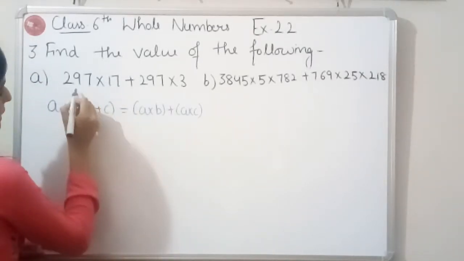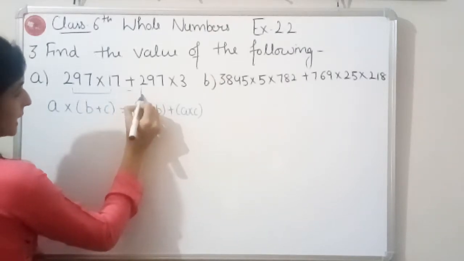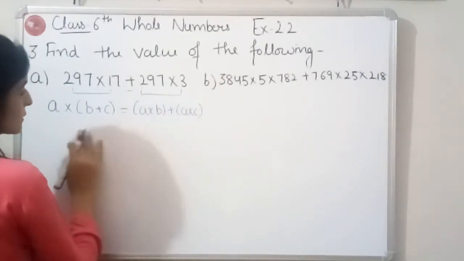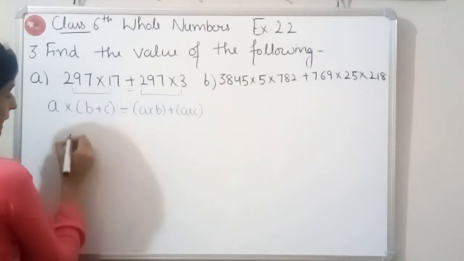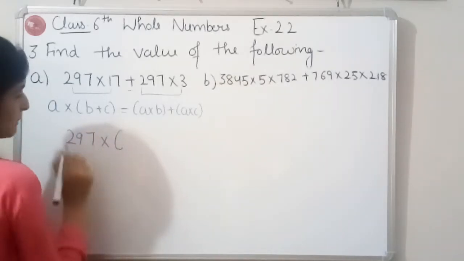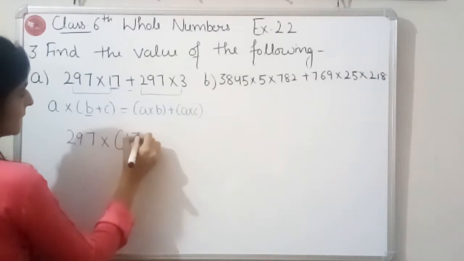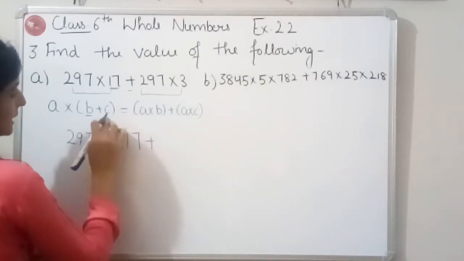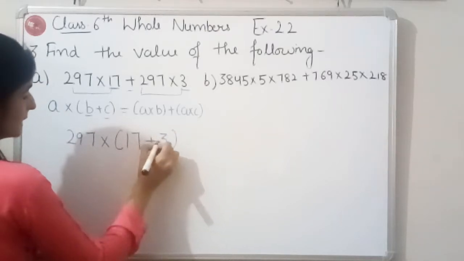So here we have been given A multiplied by B plus A multiplied by C, so that will be equal to A multiplied by (B plus C). What is the value of A here? 297, multiplied by, what is B here? B is 17. And what is C here? C is 3.